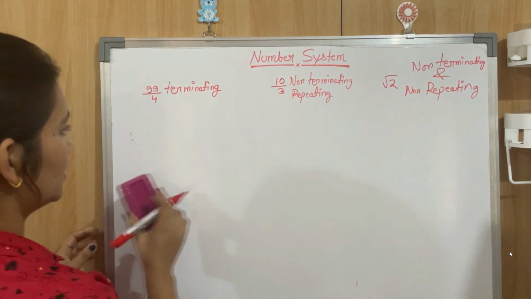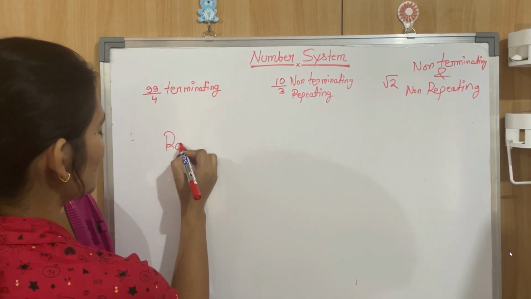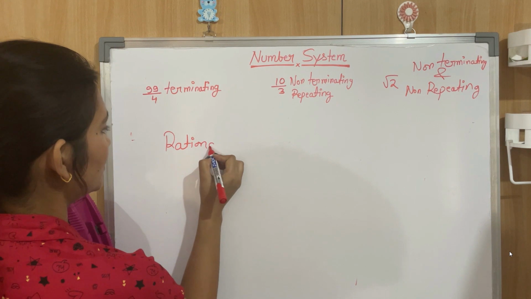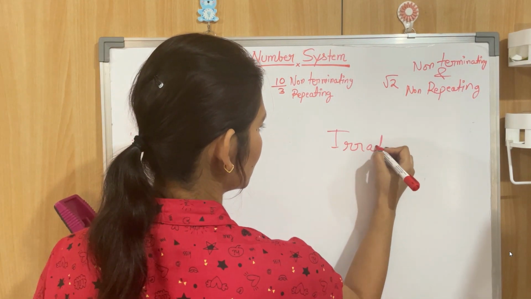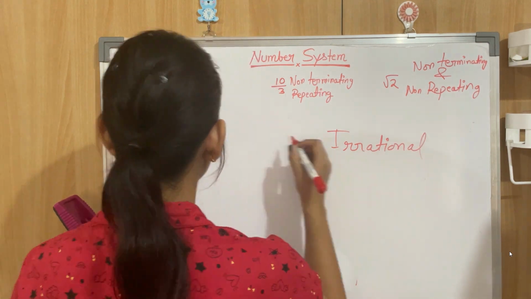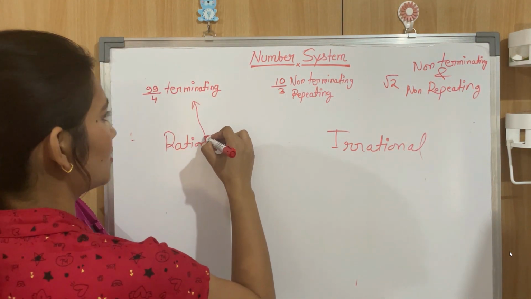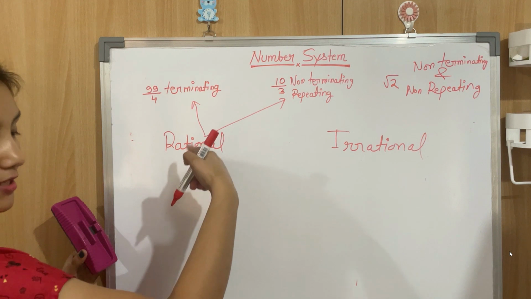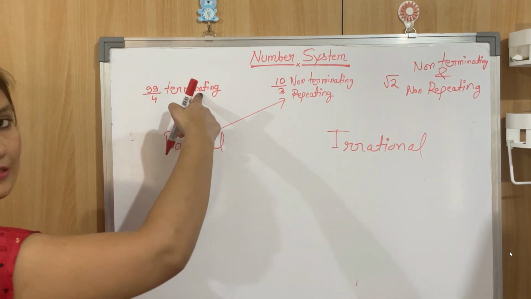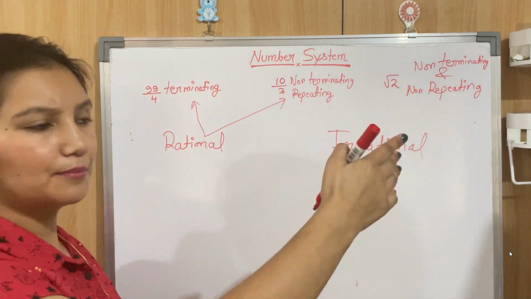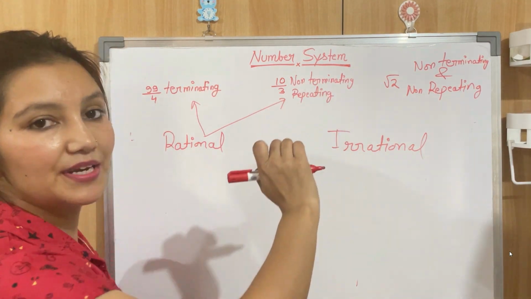So rational numbers, let's once again take this difference here: rational numbers and irrational numbers. These two numbers, 99/4 and 10/3, are rational numbers. Rational numbers are the numbers that are either terminating, or if they are not terminating, then they are getting repeated.